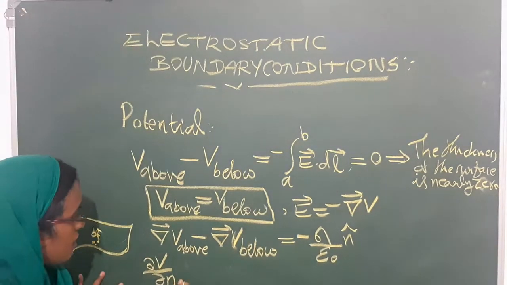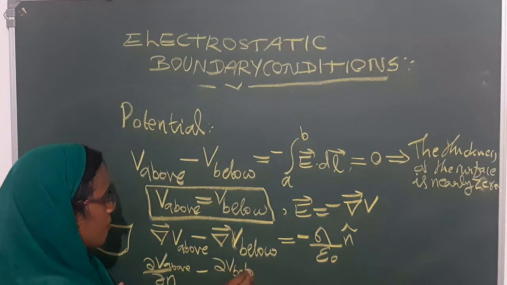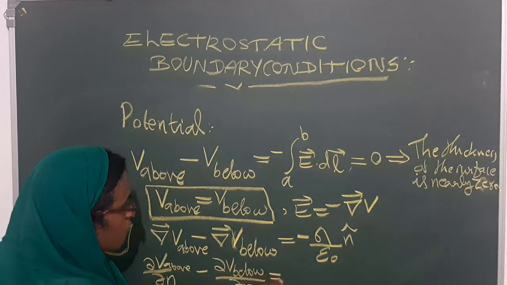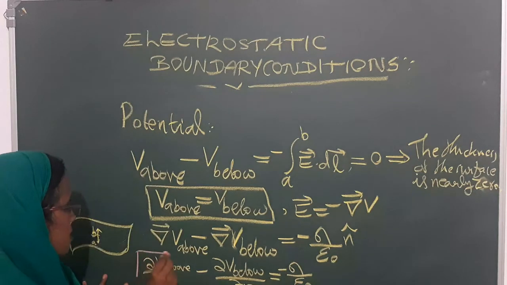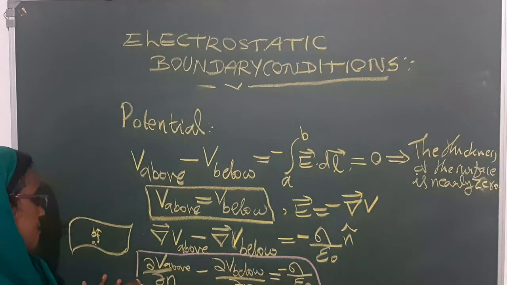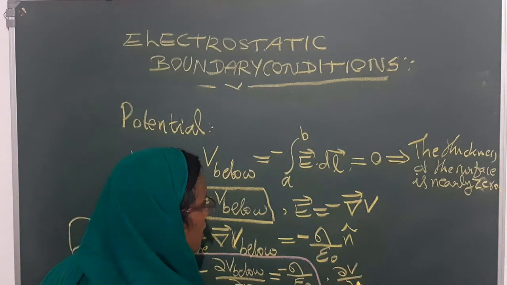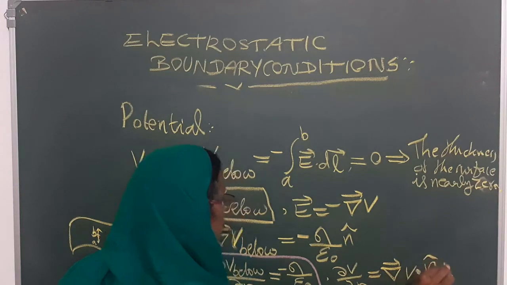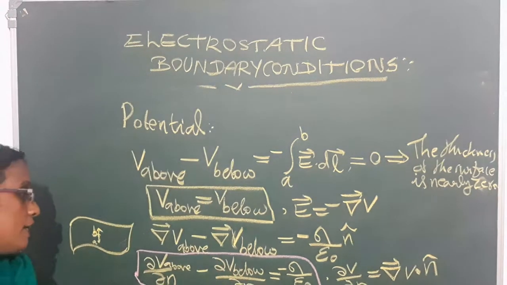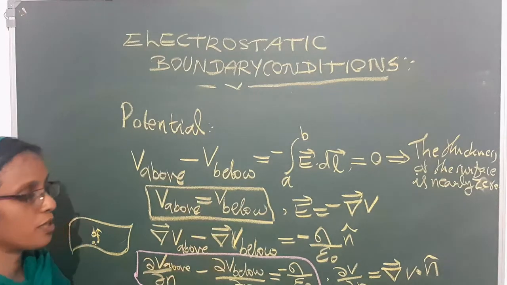So dou V above by dou n minus dou V below by dou n equals minus sigma by epsilon 0, where dou V by dou n equals gradient V dot n cap, the component of gradient V along the direction of n cap. So this is all about the potential.